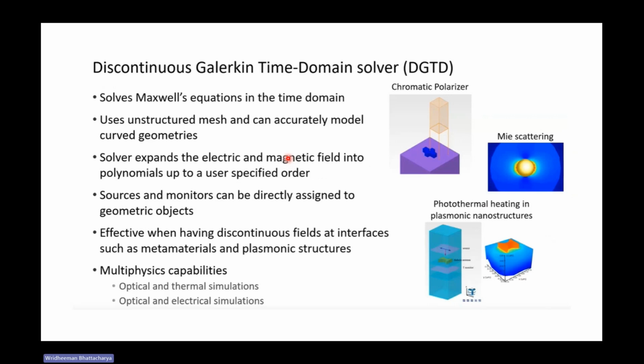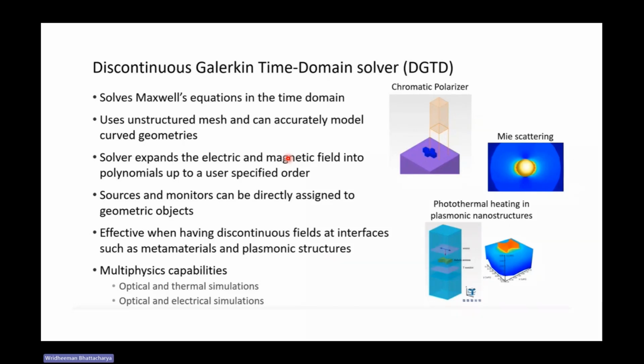The DGTD stands for the discontinuous Galerkin time domain solver. It is also a type of FDTD solver, but the algorithm upon which it works is quite different. It solves the Maxwell equations in the time domain, but it uses unstructured mesh and can accurately model curved geometries.